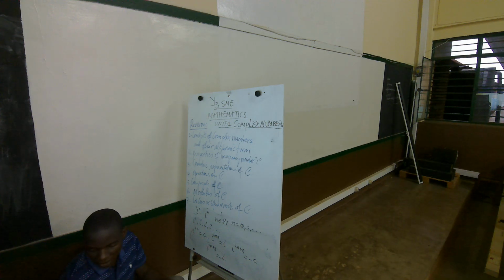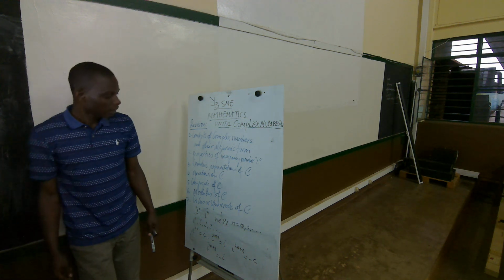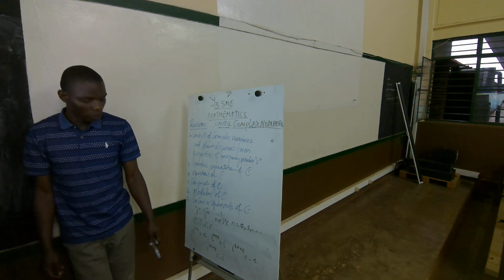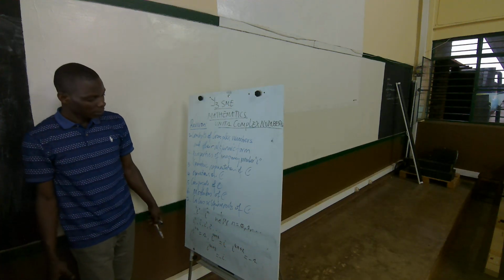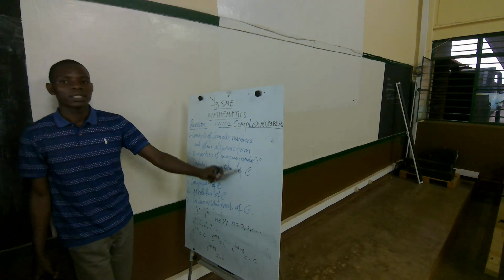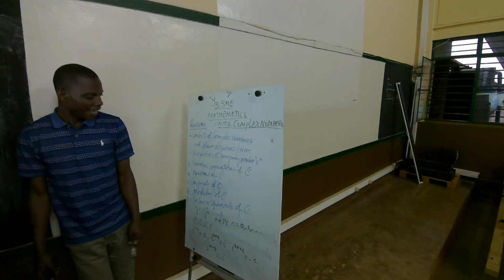These are the properties of the imaginary number i, and we normally use them to find the number in the complex number. So this is just to remind you about the properties of the imaginary number i.